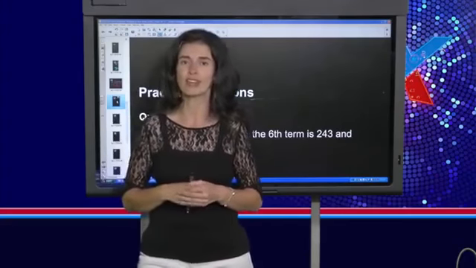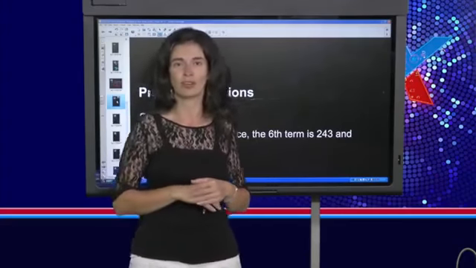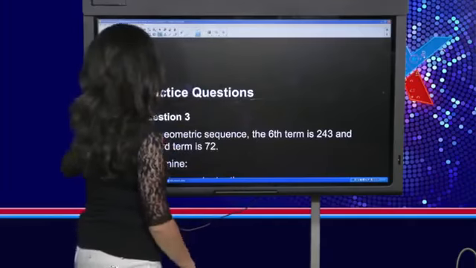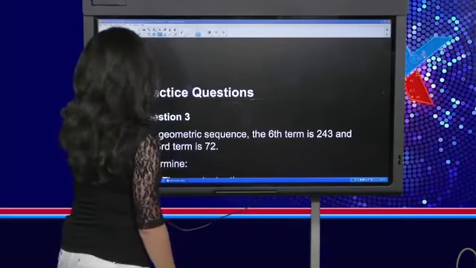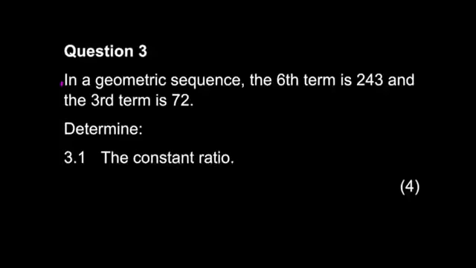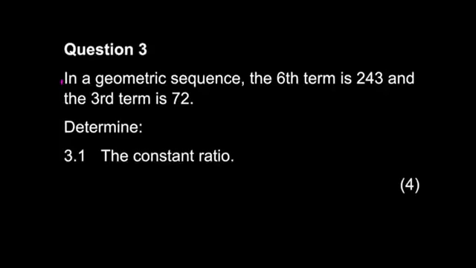So let's get to the next question on the practice questions. Okay, well, this time round, they start off by saying it's geometric. Well, that's fantastic because we can already locate what our formula should be. The 6th term is 243, and the 3rd term is 72. Determine the constant ratio.